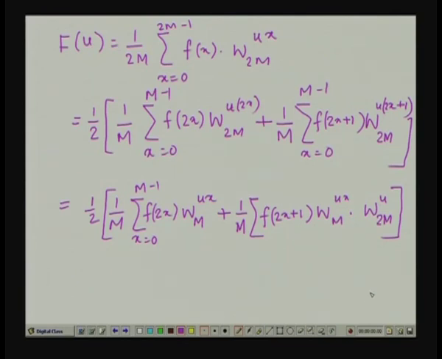So, after some simplification, the same expression can be written in this particular form.